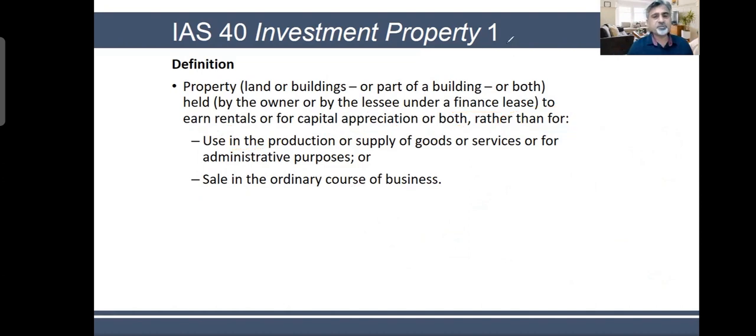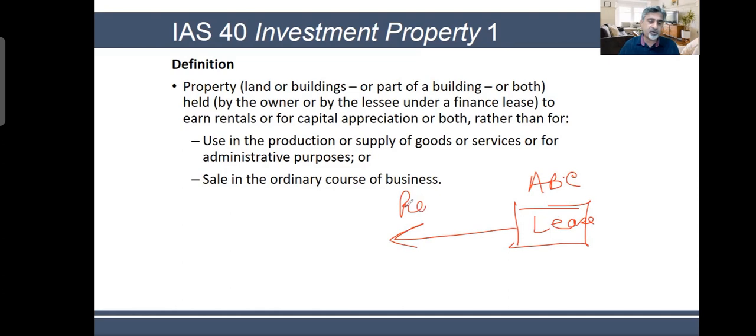The only addition is the finance lease: it is possible that ABC company has acquired some premises on lease and has given it out again on rental. So then it is called investment property.